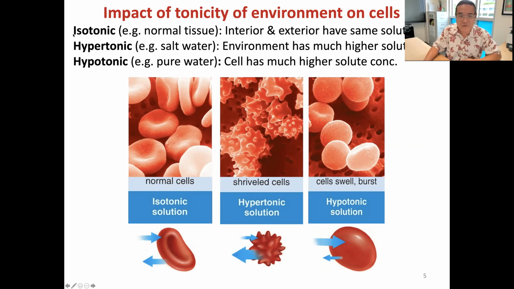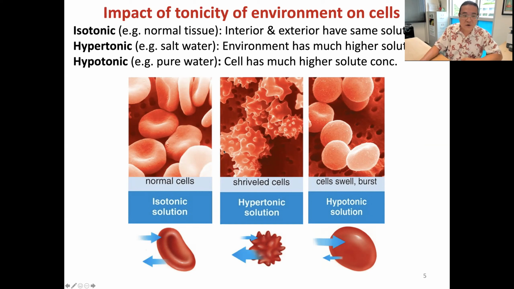So this would be what you'd find in your normal tissues. That means the interior of the cells and the exterior of the cells, the fluid on the outside, have very similar solute concentrations in terms of things like salts. As a result, your cells, like these red blood cells, can maintain their normal correct shape.